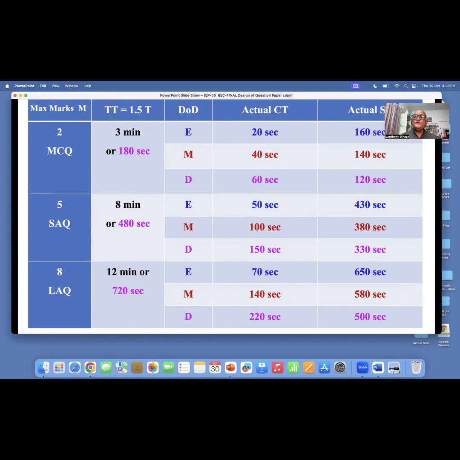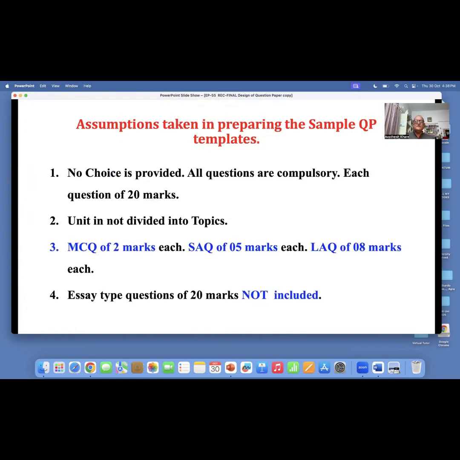The long answer questions of 12-minute duration in easy, moderate, and difficult categories will have actual CT as 70, 140, and 220 seconds, and actual ST as 650, 580, and 500 seconds.